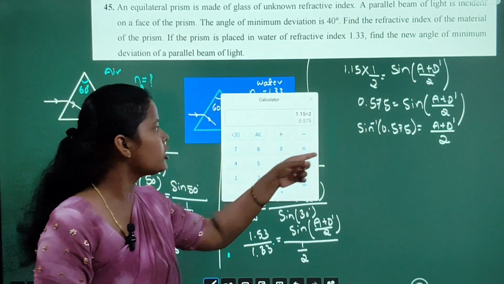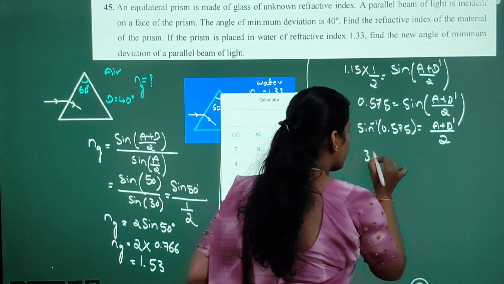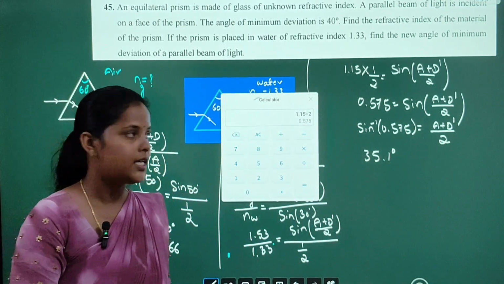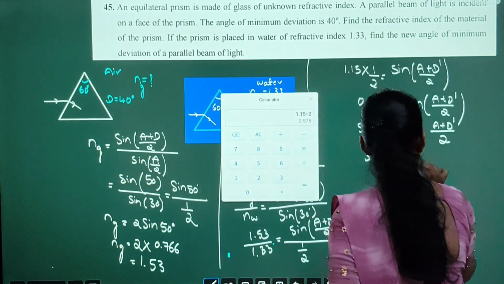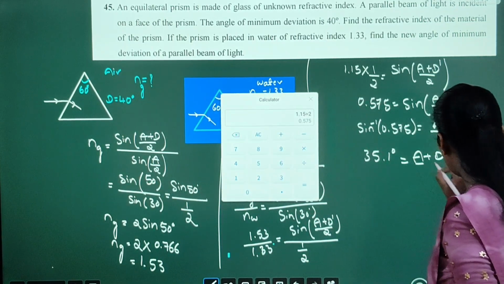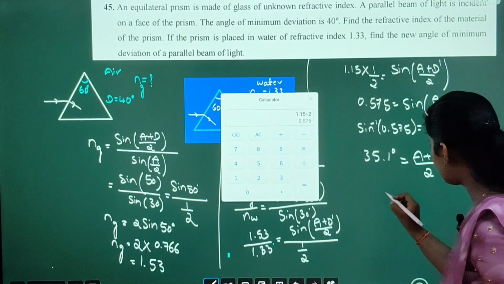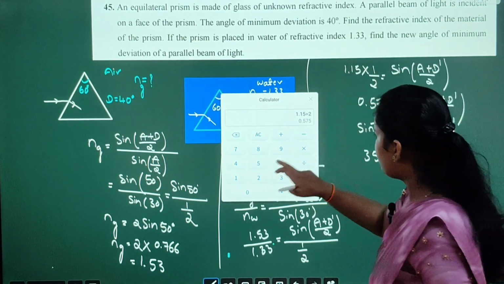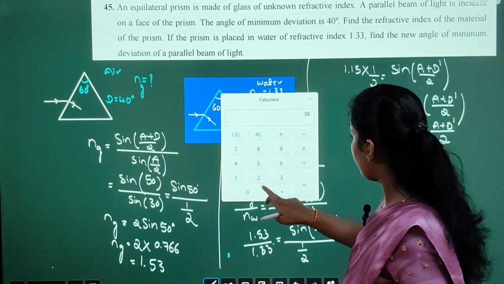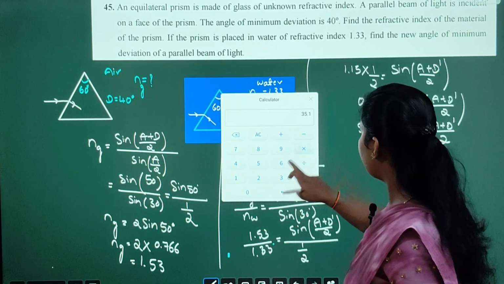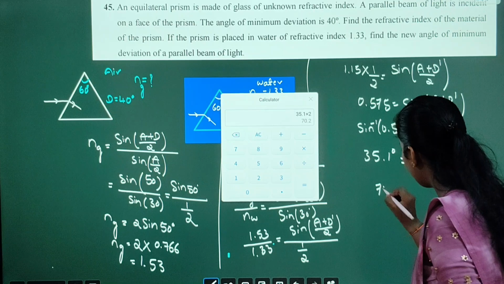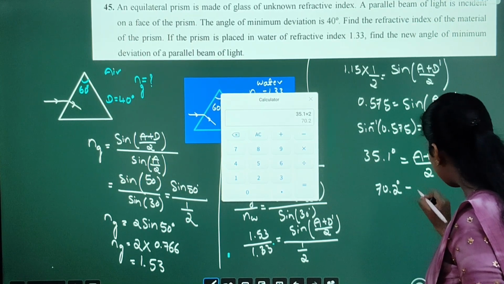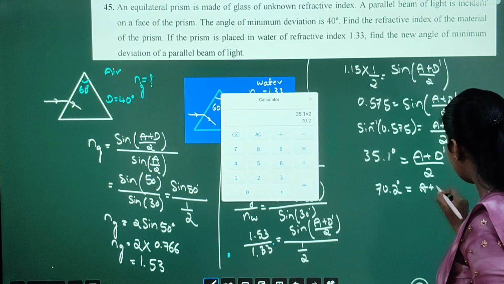Using the log table, we have to use this: 35.1 degree. This is sine inverse of 0.575, which is equal to (A plus D dash) upon 2. Let's do the cross multiplication. 35.1 degree into 2 is 70.2 degree, equal to A plus D dash.